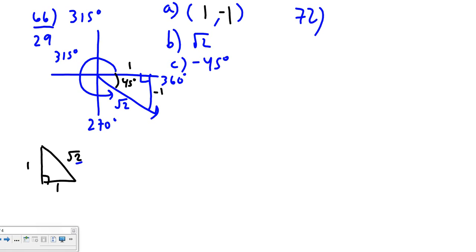72. 72 says draw 60 degrees in standard position. And then find 2b. Find your b, which is the y coordinate of that particular triangle. Well, always, always, always draw these angles and triangles.